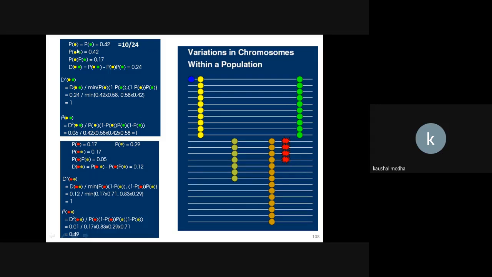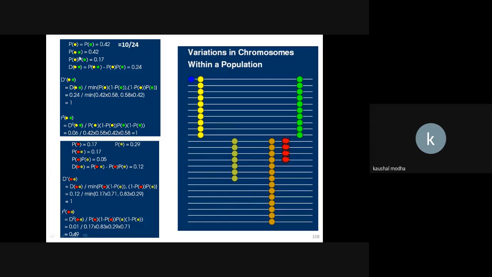Now, the frequency P of this yellow allele is equal to 10 individuals where we find the yellow allele divided by 24, the total number of individuals. So that frequency is 0.42. Similarly, for the green allele, the independent frequency is 10 divided by 24, because wherever green is present, yellow is also present. So their independent frequencies are 0.42 and 0.42.